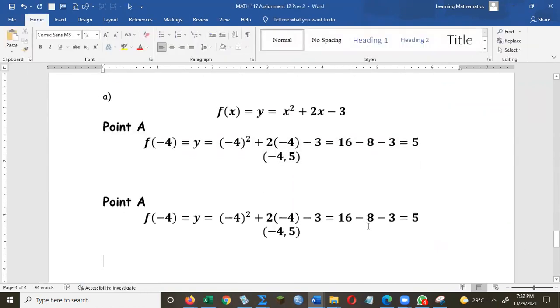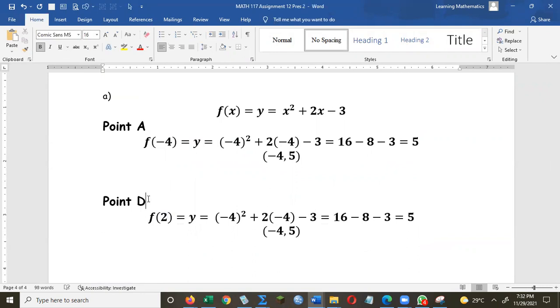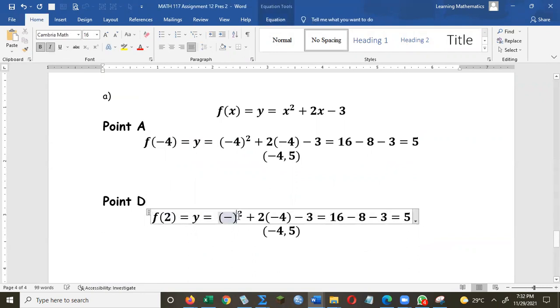We're going to substitute 2 for point D. Everywhere we see x, we put 2. 2 times 2 is a positive 4. 4 plus 4 is 8, subtract 3 is 5.